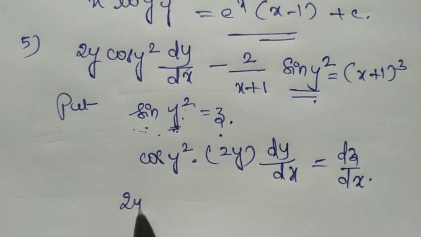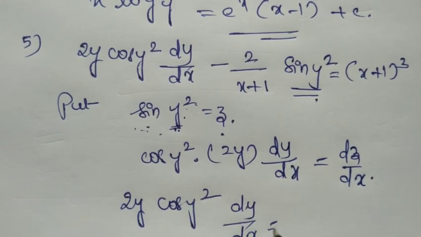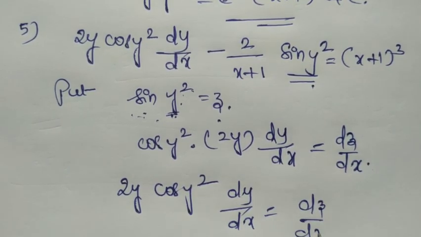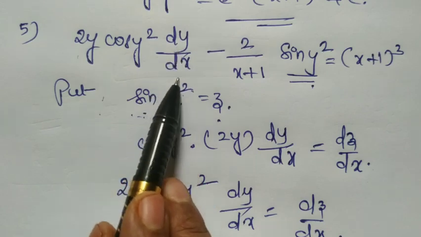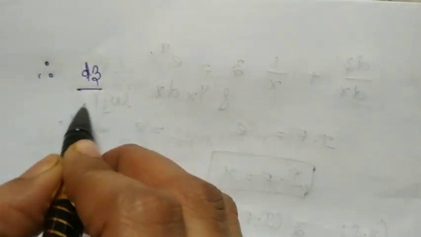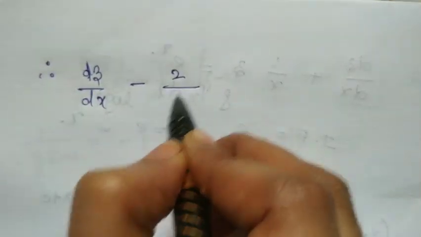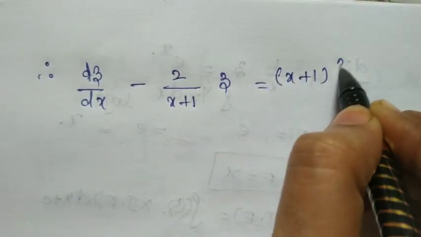So 2y cos y² dy/dx = dz/dx. Substituting this value in the given problem, dz/dx − 2/(x+1) z = (x+1)³.